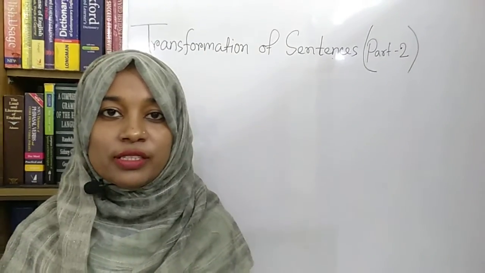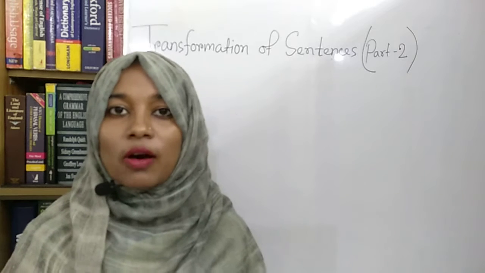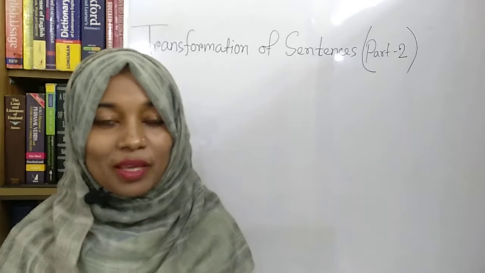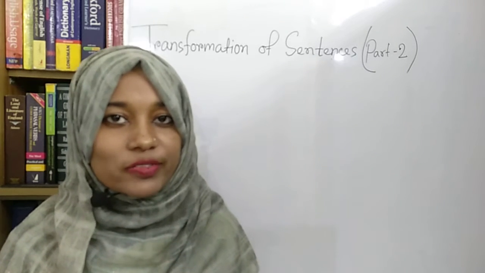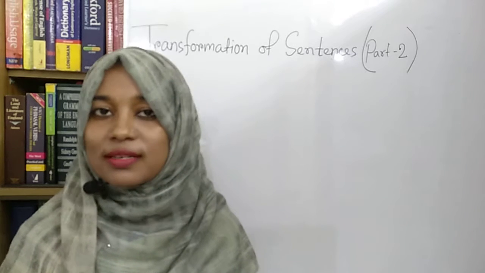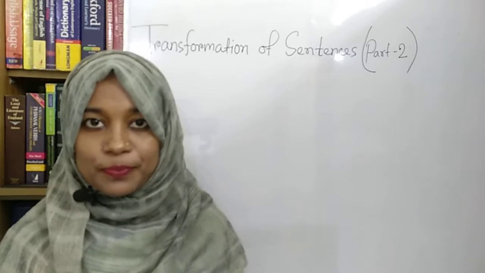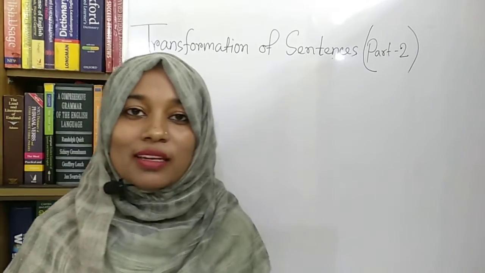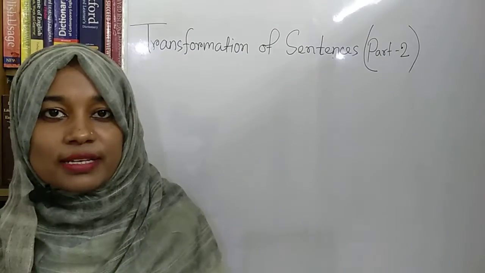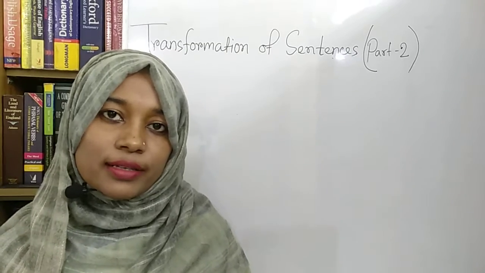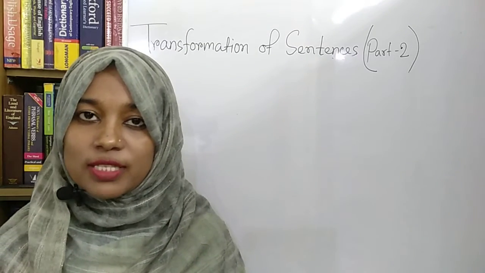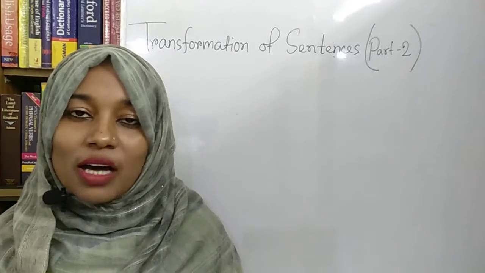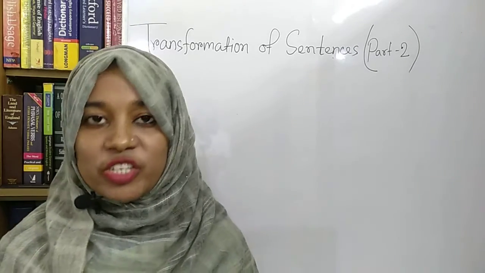In this section, I will discuss only simple to complex because we have already discussed compound sentences in our last class. And we know in a compound sentence, we connect two clauses with coordinating conjunctions.